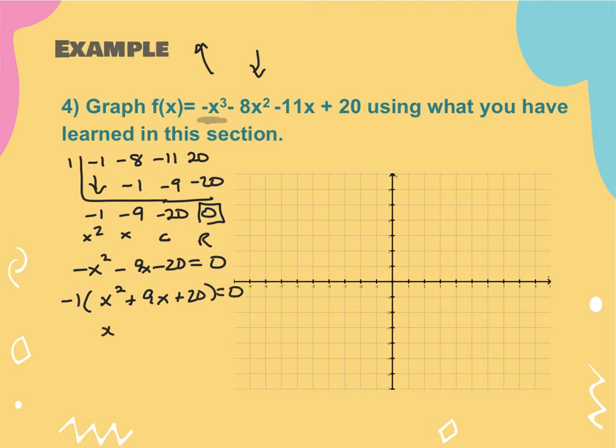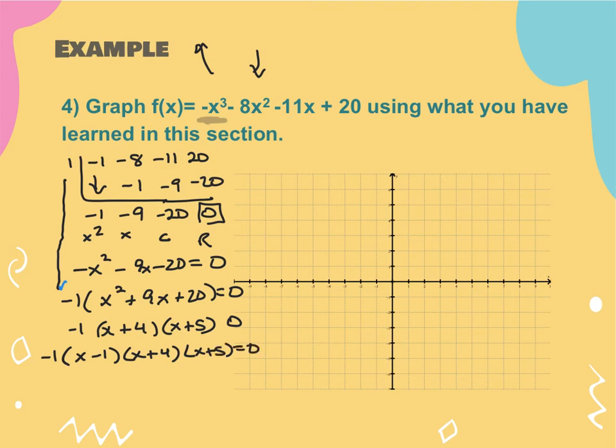I now can factor this into x plus 4, x plus 5. I can also bring down the 1 here that I did in the synthetic. So let me go ahead and put -1, x minus 1, then the x plus 4, the x plus 5 equals 0.